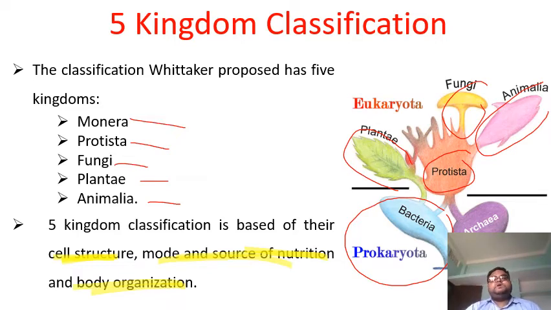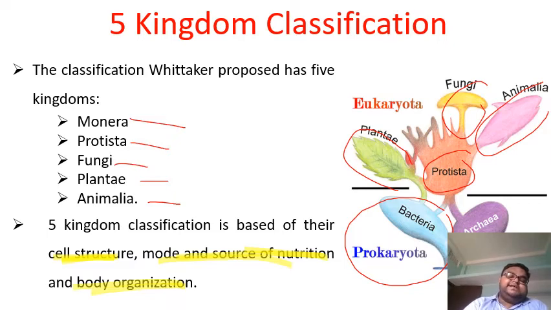Right. So now, where is cell structure used? Where is the mode and source of nutrition used? And where is the body organization used? When we are classifying organisms into prokaryotes and eukaryotes, then the cell structure is seen. In prokaryotes, there will be no well-defined nucleus.